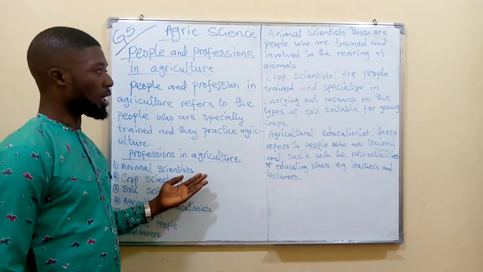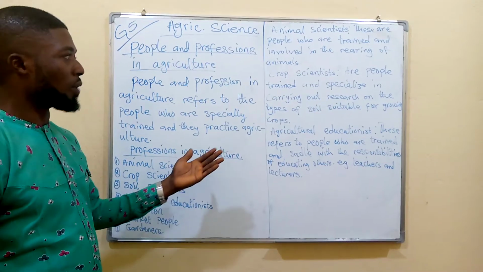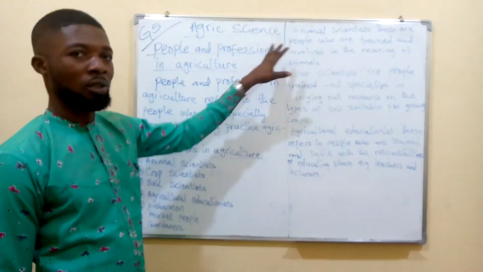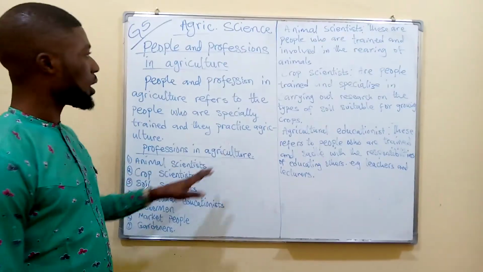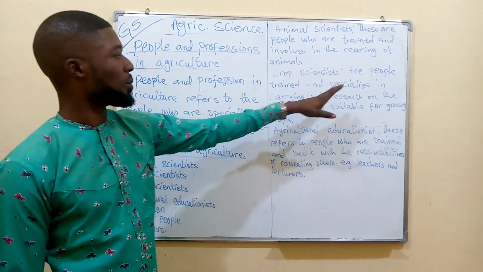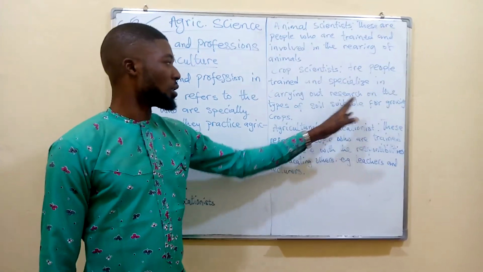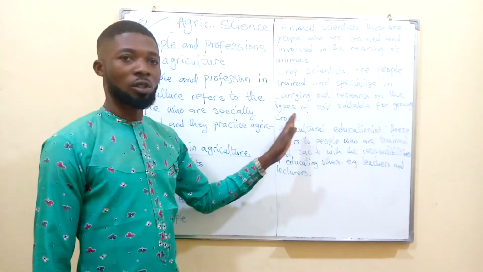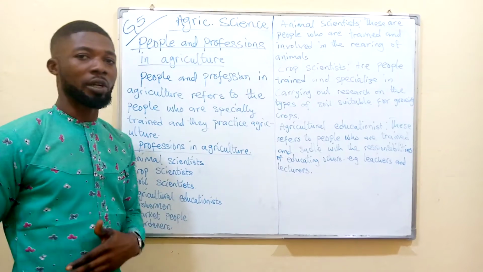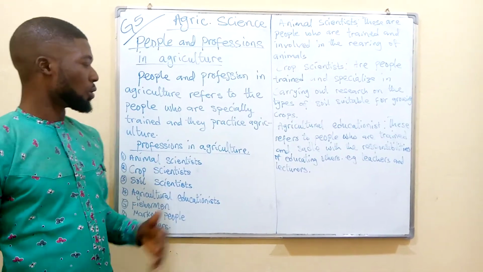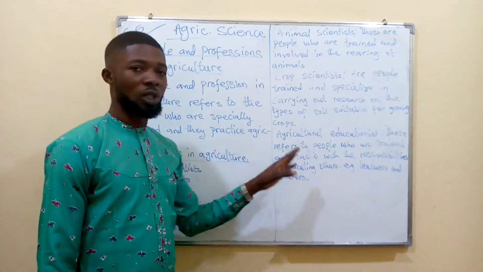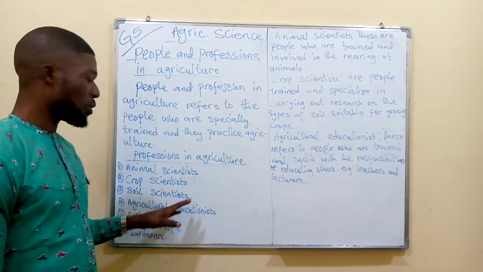They know about these animals, how they live, and their basic needs in order to have healthy farm animals. The soil scientists and crop scientists are people trained and specialized in carrying out research on the type of soil suitable for growing crops. Certain crops need different types of soil, so these people ensure a suitable soil for suitable crops.